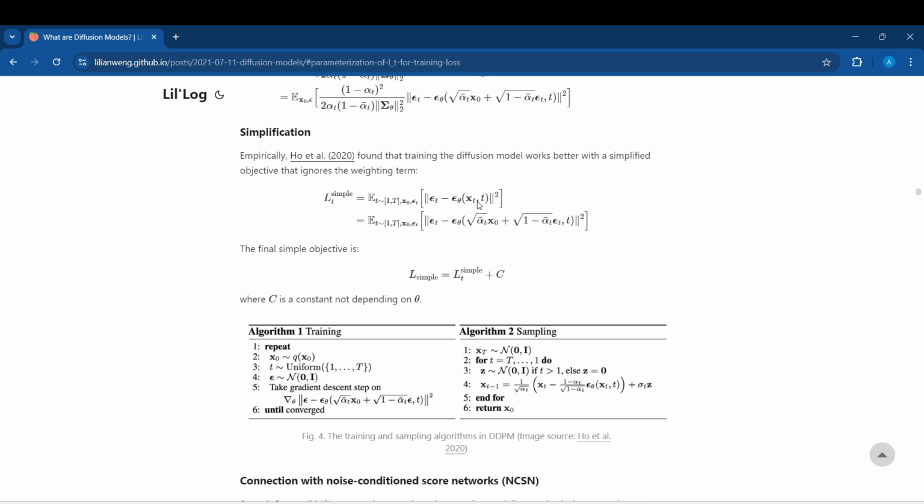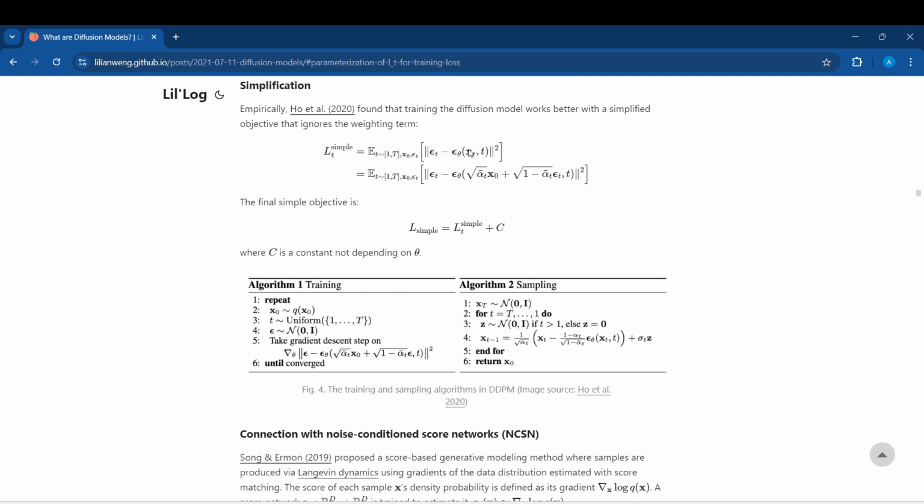It will try to minimize this in such a way that the noise predictor becomes better and better, and it will optimize over all the images in a dataset.